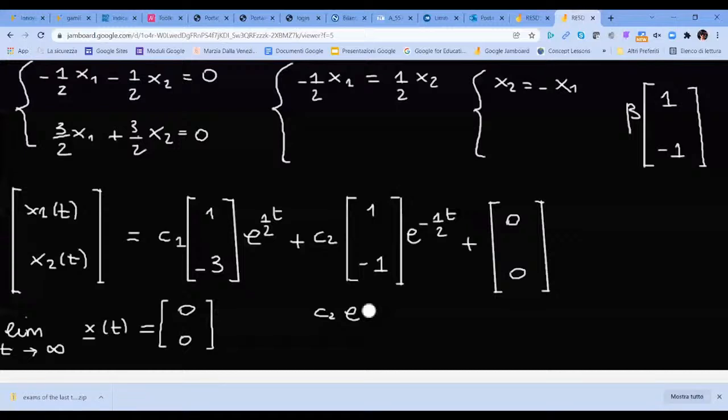I think we again have a multiple of the eigenvector I wrote on the board.